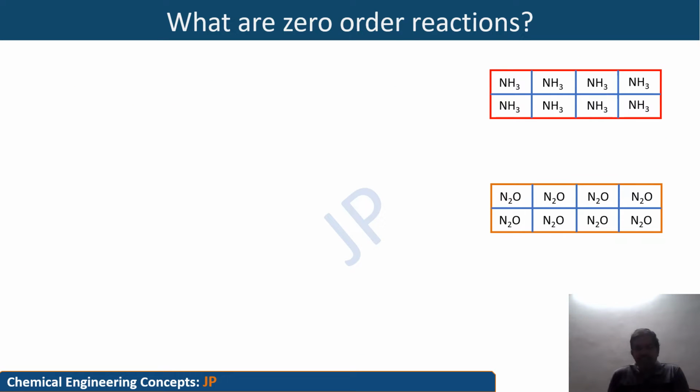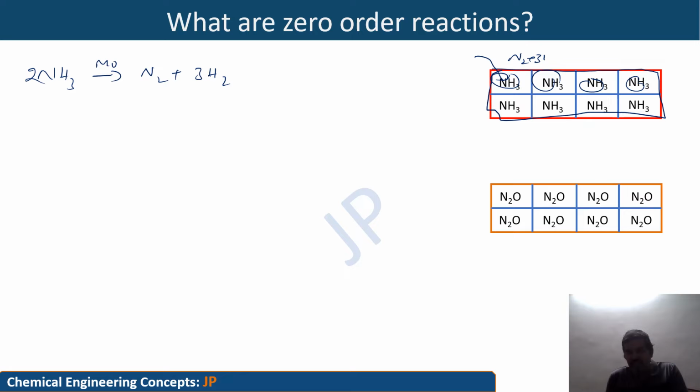Next, let us take the example of decomposition of ammonia over molybdenum catalyst to give nitrogen and hydrogen. Let us assume this is the molybdenum catalyst occupied by ammonia molecules. What happens? The ammonia molecules come and attach over the surface of the catalyst, and it decomposes to give N2 plus 3H2.